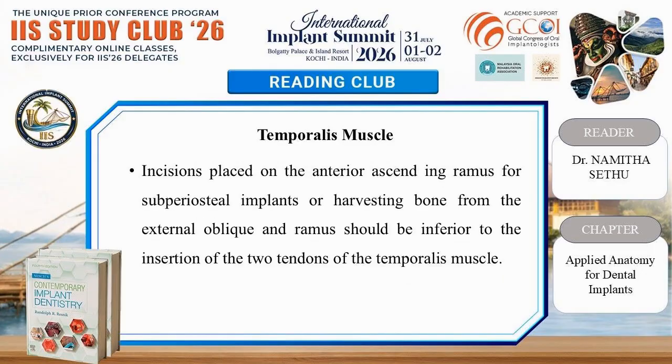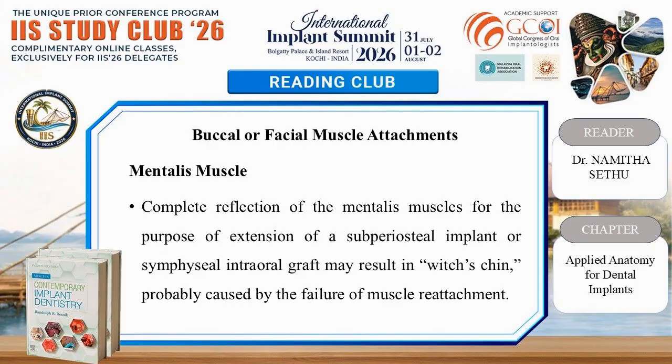Temporalis muscle. Incisions placed on the anterior ascending ramus for subperiosteal implants or harvesting bone from the external oblique and ramus should be inferior to the insertion of the two tendons of the temporalis muscle. Buccal or facial muscle attachments. Mentalis muscle.